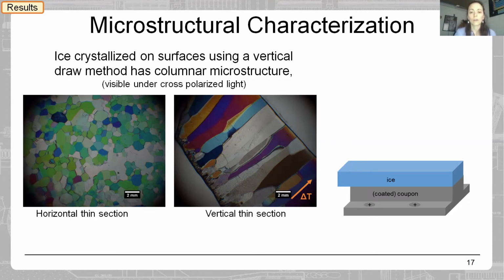In the section on the right, you see very elongated colored regions. Essentially what you have are these pseudo-hexagonal columns that are growing off the surface as we pull the ice out of the water reservoir.